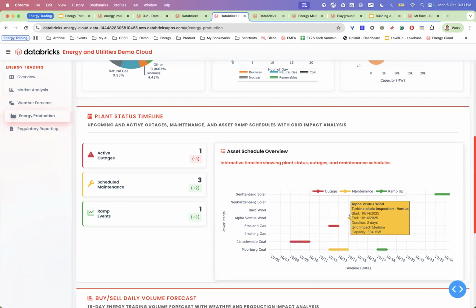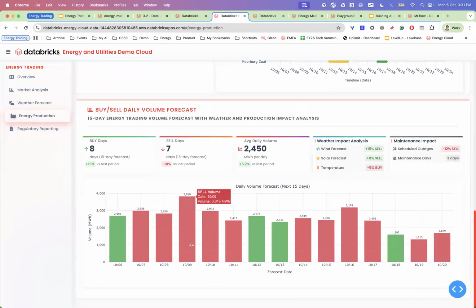So all this information is super handy, and you would then do volume forecasting of net buy and sell for each of the next couple of days, because now you have the current market data, the weather forecast, and the production capacities, including the consumption side. If, for example, there's a football match in the city tomorrow, the consumption might go up. So all these factors influence this, and it would allow you to come up with the recommendation.